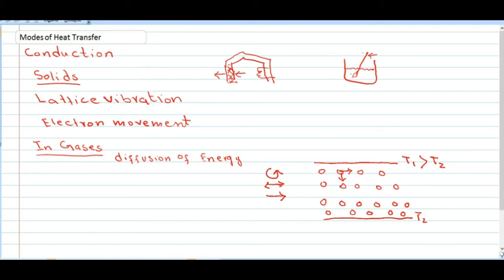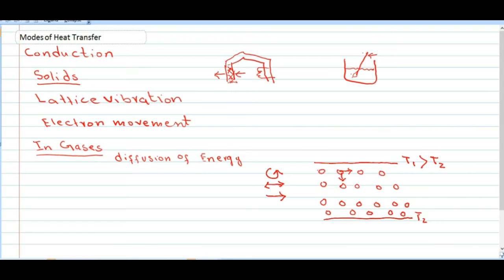On collision with the neighboring molecules, they transfer their kinetic energy to the molecules of less energy. In this way, heat transfer occurs from high temperature to low temperature in the gases. These molecules do not actually leave their position.